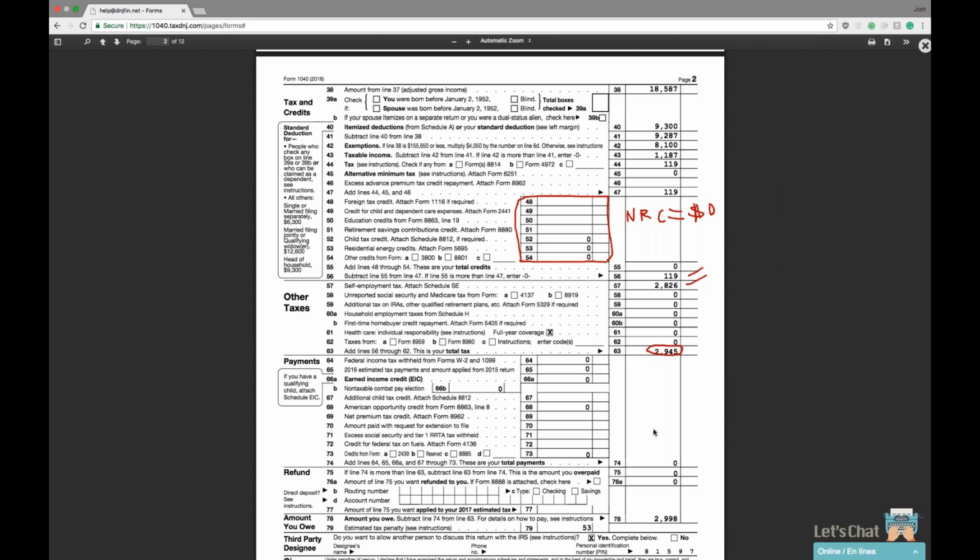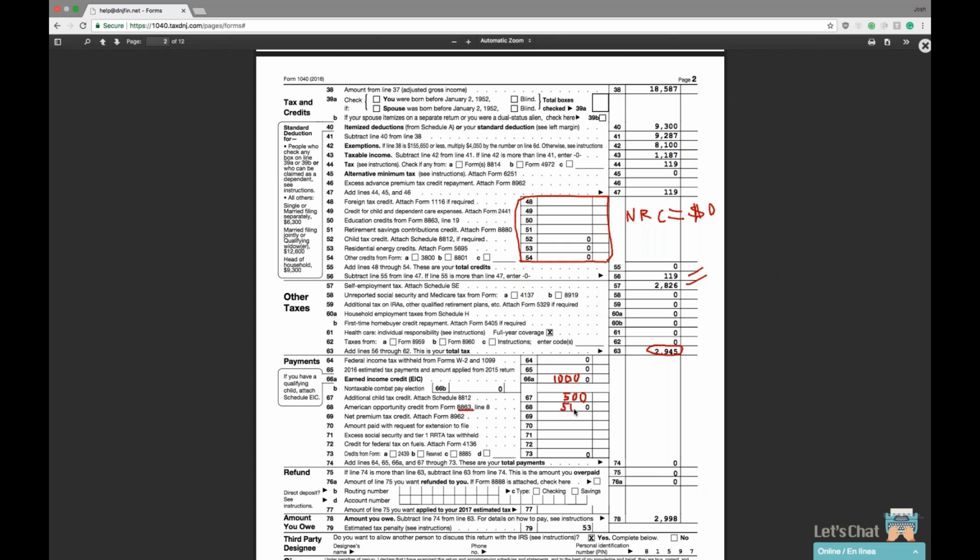The only way the customer could actually receive money back is if the customer had credits right here. So for instance, let's say the customer had $1,000 of EIC credit, and he also has an additional tax credit of $500, and let's also say he has an 8863 and also gets $500 there.